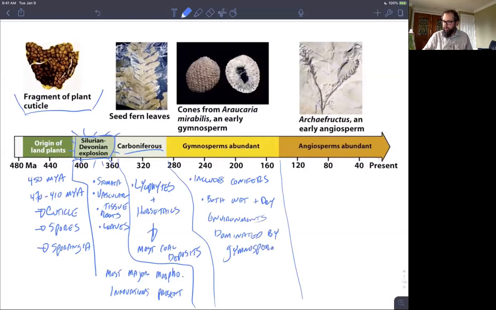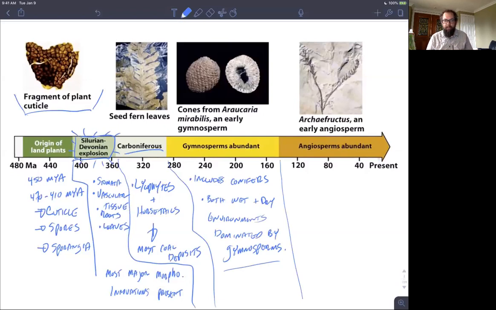And so this is really the first time that the Earth is blanketed with green plants in both those wet and dry areas. And so this is an important time frame where these gymnosperms are quite abundant.